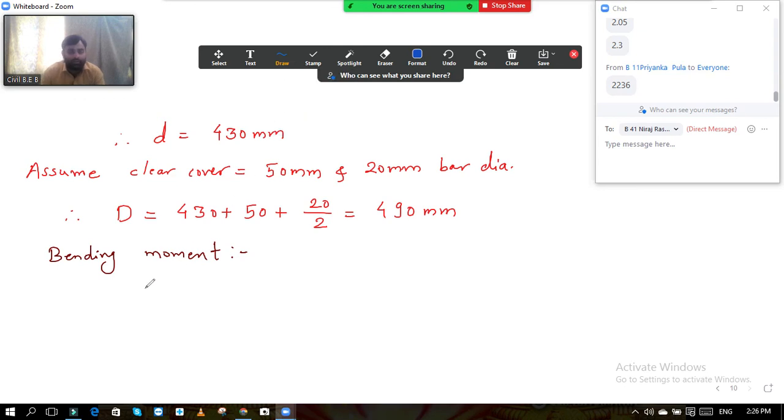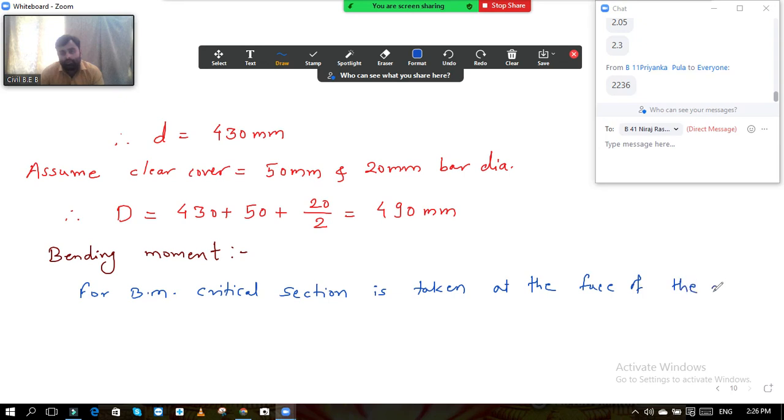For bending moment, the critical section is taken at the face of the column.